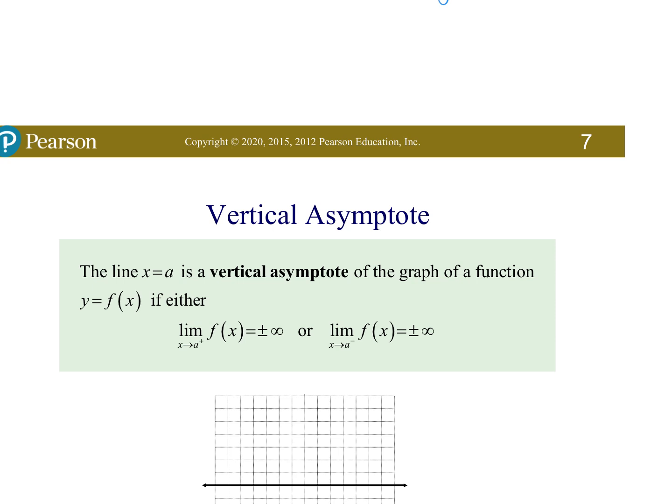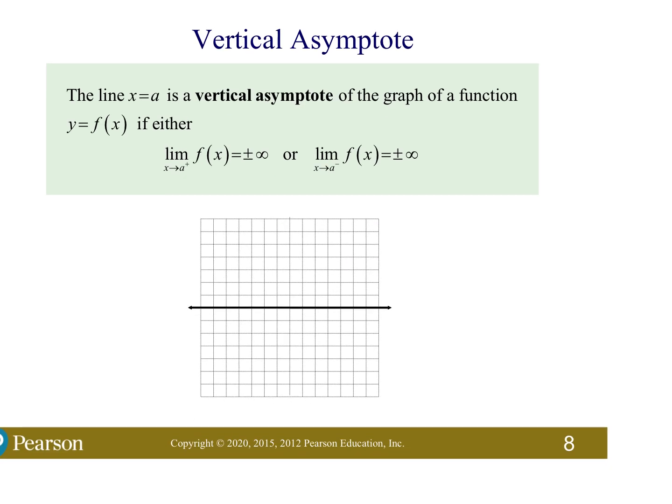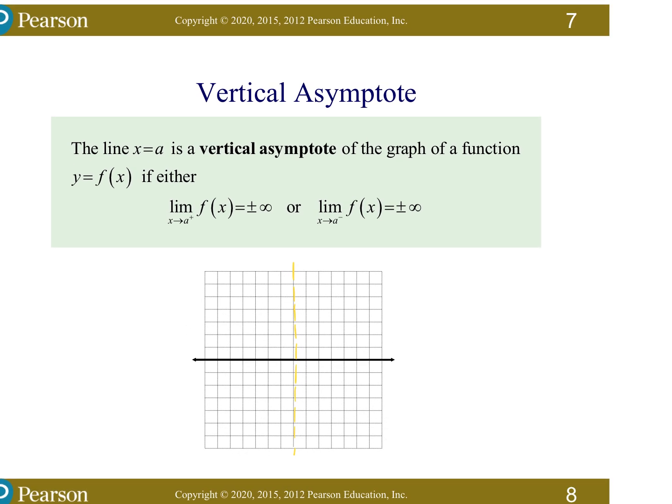If you've got an asymptote, I'm going to do my asymptote in yellow. Okay, so if you've got an asymptote coming down here, your limit will tell you which direction your graph is going to head. So as you come along here and encounter that asymptote, is it going to shoot down, or will it go to negative infinity, so it's just going to take off and head down, or will it go the other direction?